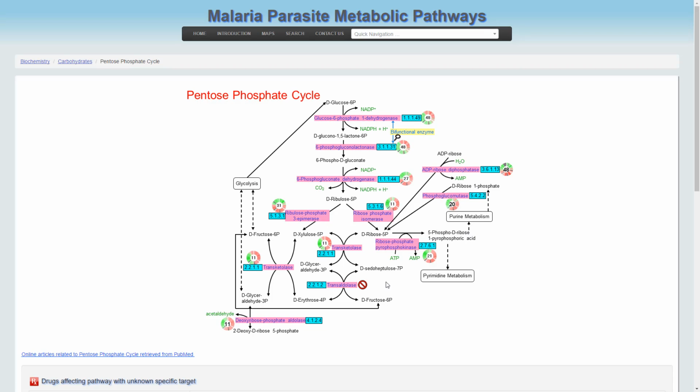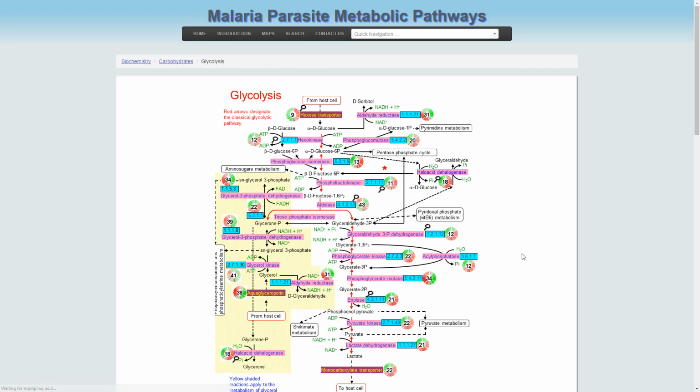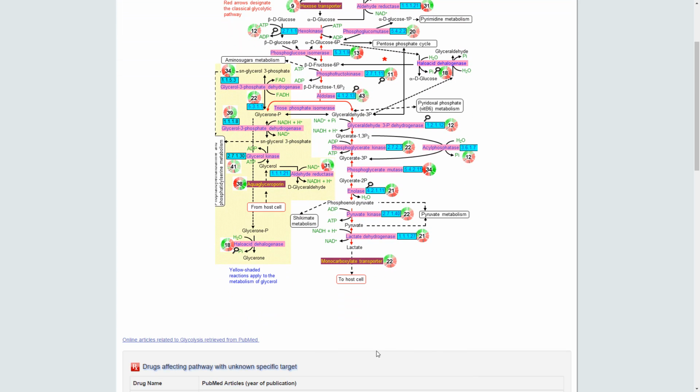Now let's go back to glycolysis and notice that this particular map also contains details concerning the metabolism of glycerol, because both are connected in many ways, and also includes the hexose transporter, which provides glucose to the overall reaction, and the monocarboxylate transporter, which removes lactate, which is the final product of the pathway.